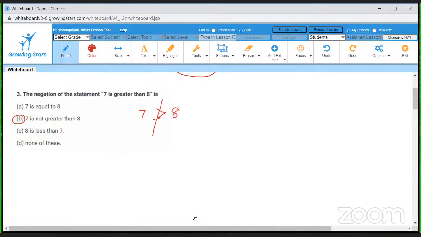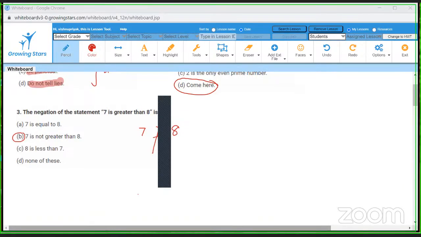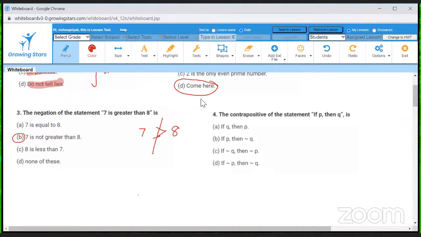That's the negation statement. No, Tarun, it's B. Okay, next.